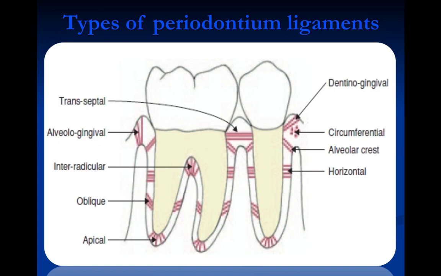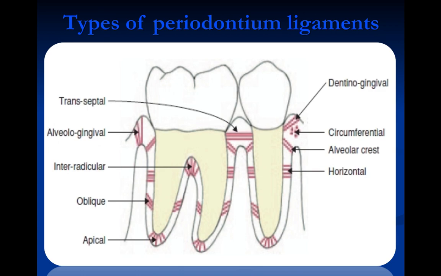Transseptal fibers are located between teeth and fixed between them, starting from the cementum of one tooth and fixed to the cementum of the adjacent tooth.